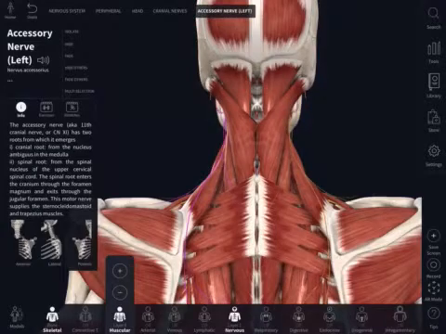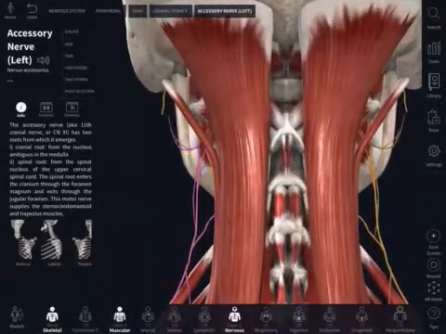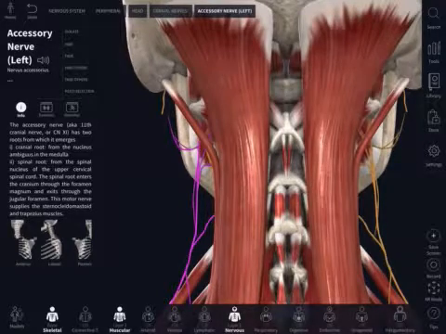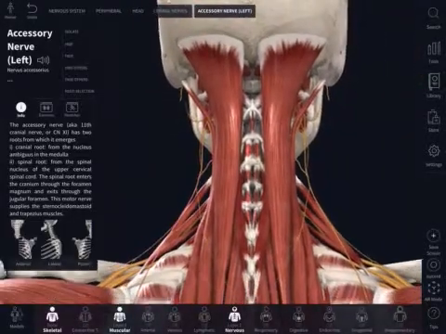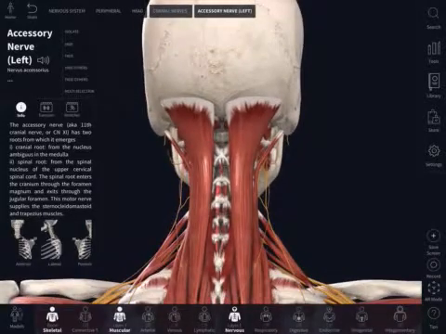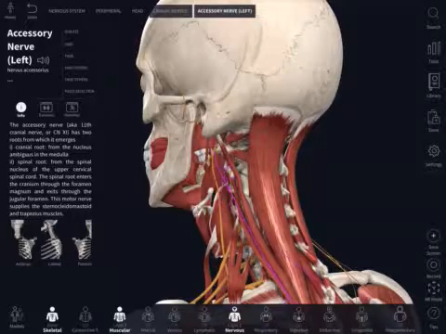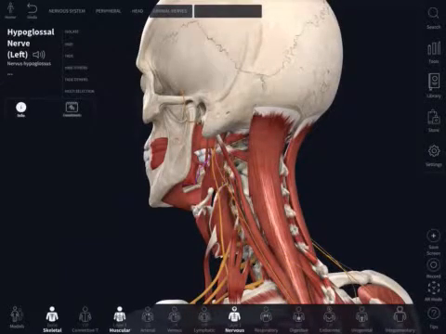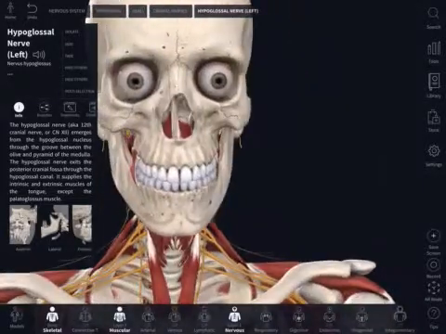If we go and we take off the muscles and we see where it stems from, it stems way up here, like I was showing you. That is your cranial nerve 11, okay? So it's actually a cranial nerve, which makes it a little bit different than some of the other ones. But the interesting part is that if we look back in the mouth at cranial nerve 12, which is incredibly close to cranial nerve 11, that goes to your tongue.